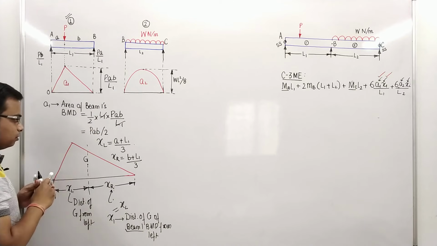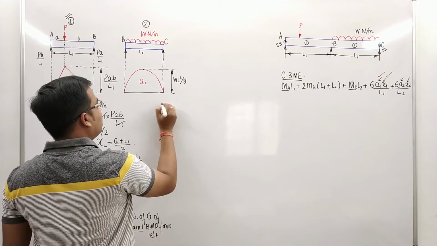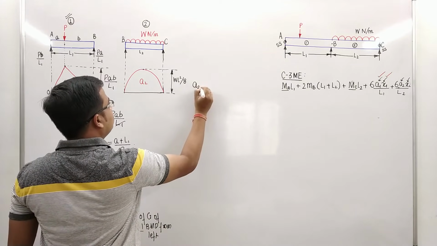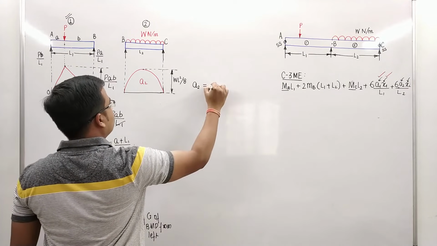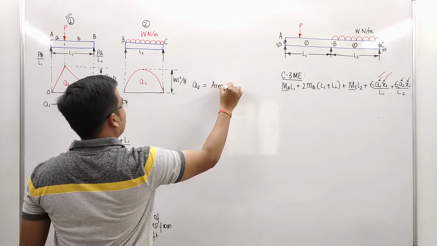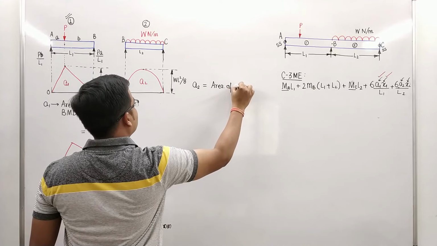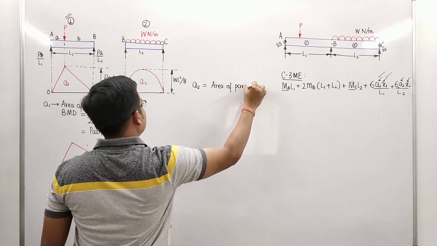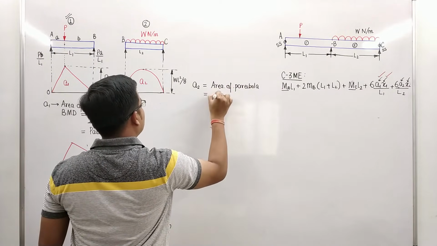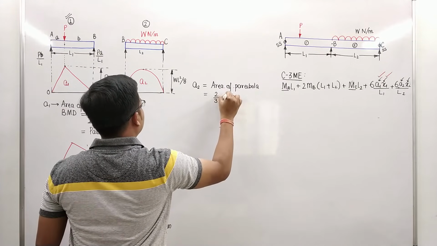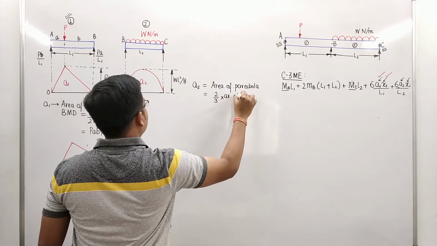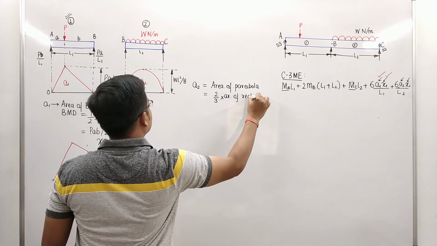So for this A2, just remember this formula, something which you need to learn by heart. A2 is the area of the parabola. Remember this formula: it is always equal to 2 by 3 times the area of the rectangle.